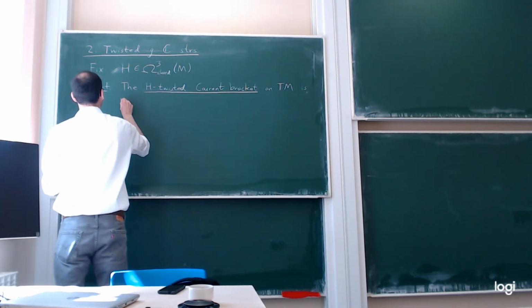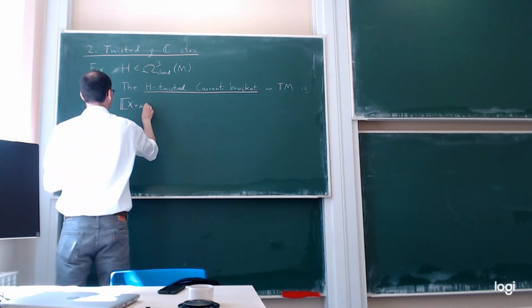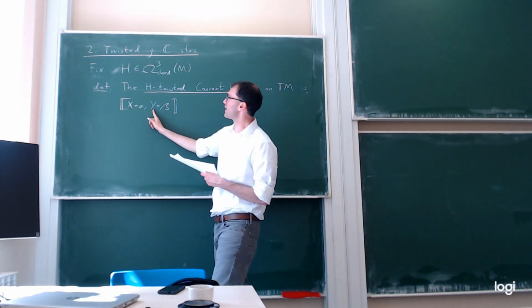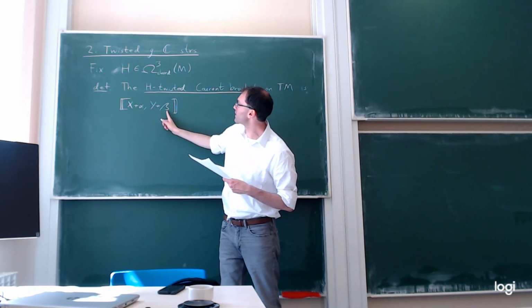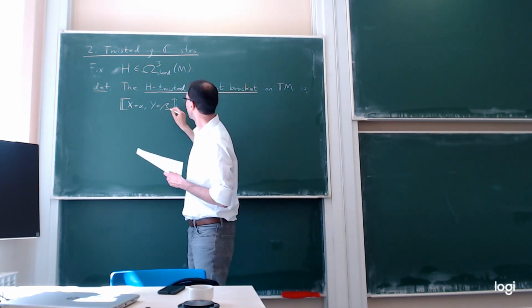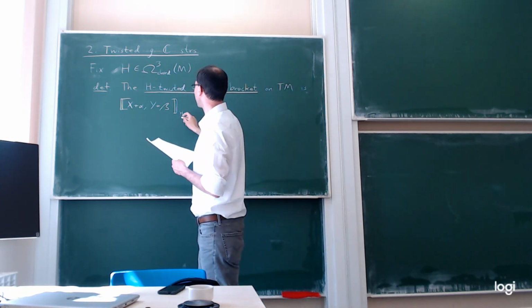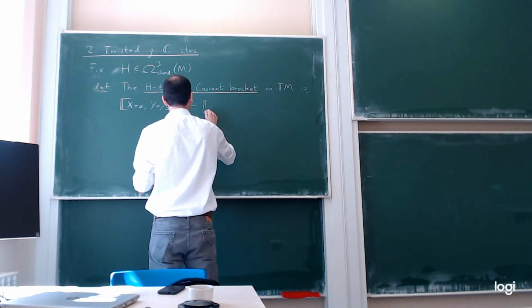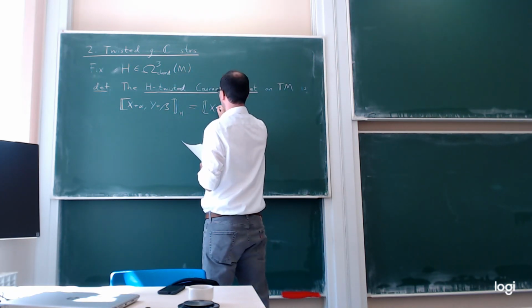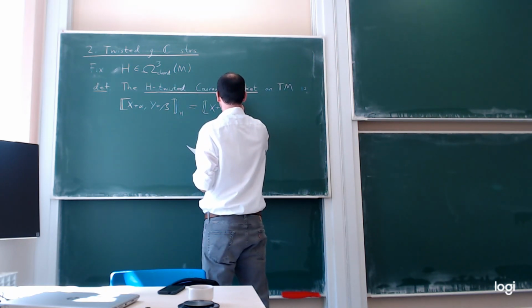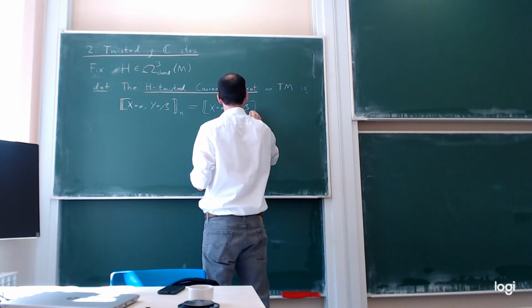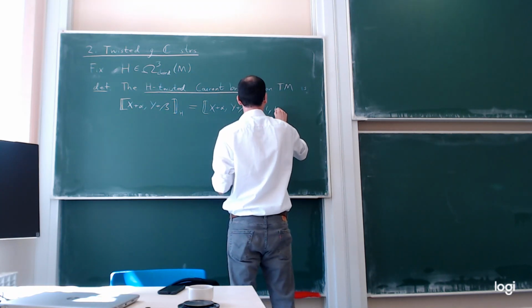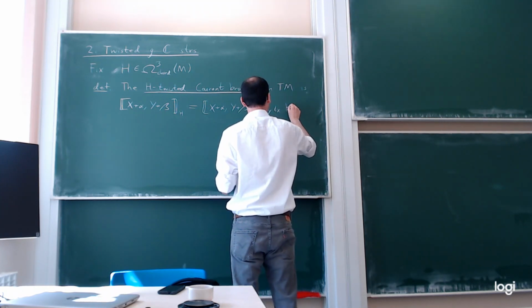So we're going to use these double brackets again, double brackets x plus alpha, y plus beta. And once more, x and y are sections of the tangent bundle. Alpha and beta are sections of the dual tangent bundle. Subscript H for H-twisted is defined to be the ordinary Courant bracket between x plus alpha and y plus beta, plus the interior product of y and the interior product of x with H.